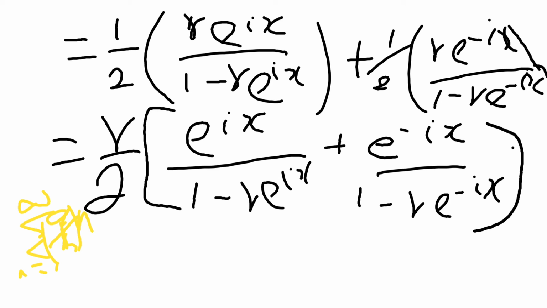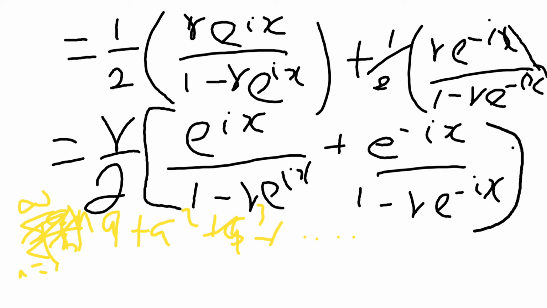Let me not use this one. If we have a plus a squared plus a cubed plus, this is a geometric series. What then is our common ratio? Our common ratio is a.